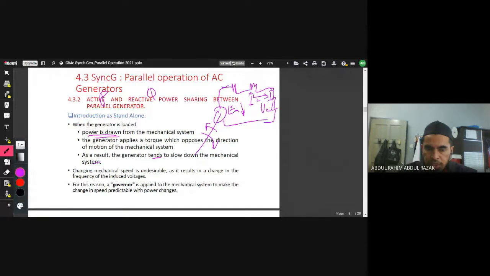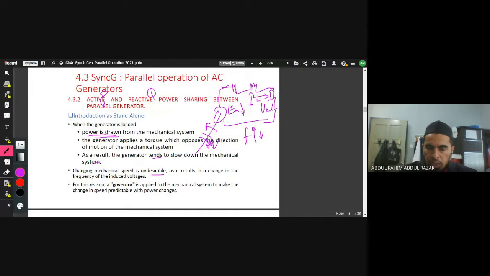So by changing the mechanical speed, if we change this speed higher, it is not desirable. It's not preferable because of the change in the frequency of the induced voltage. We can change the speed, but when we change the speed, the frequency also will change up or down.